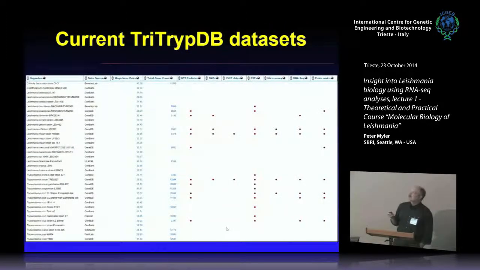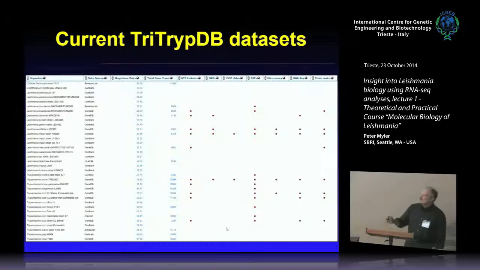This is the current data sets in TriTrypDB, and you can see that there are a large number of genomes, and then there's information from RNA-seq and microarrays and proteomics and a little bit of ChIP or ChIP-seq and some SNP data and some different high-throughput sequencing isolates.